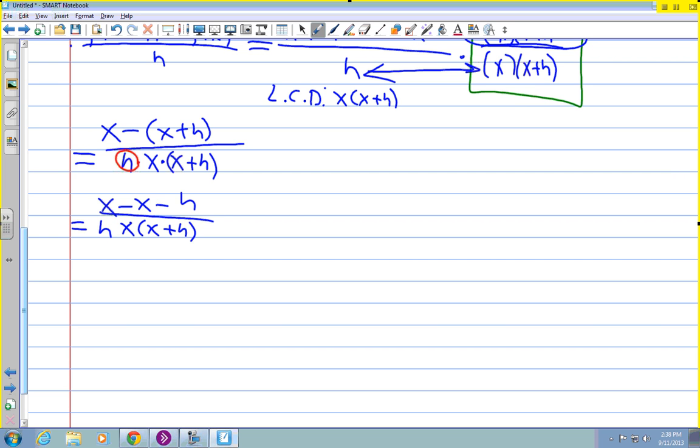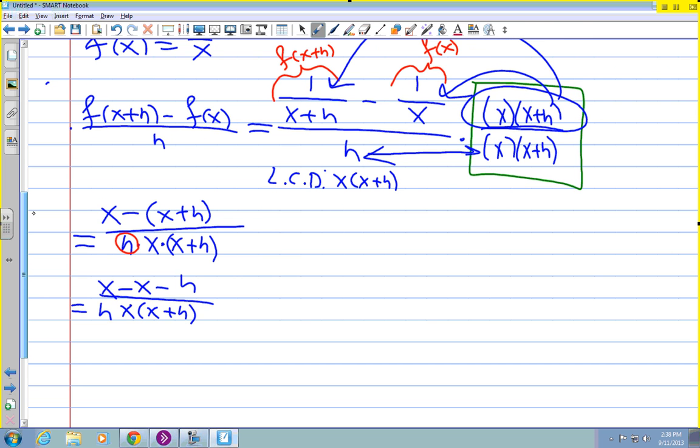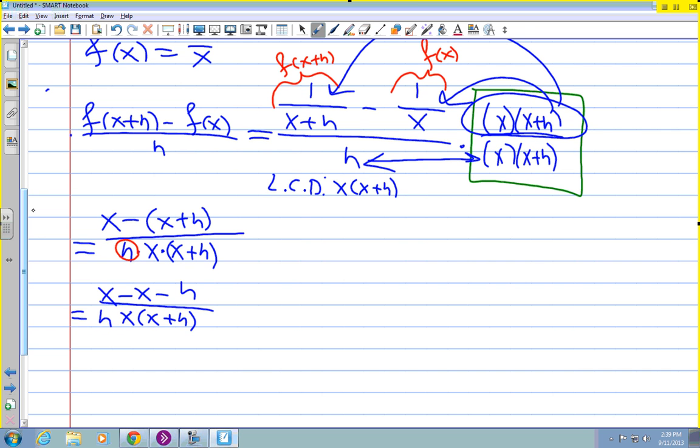This might be a dumb question, but since it was 1 over x and 1 over x plus h, why is the 1 on the top going away? Oh, it's not. I mean, I can write it 1 times x. It wouldn't make a difference. Oh wait, no, that's exactly what we had. Never mind, confusion aside. Are you sure? Yeah, I'm good.